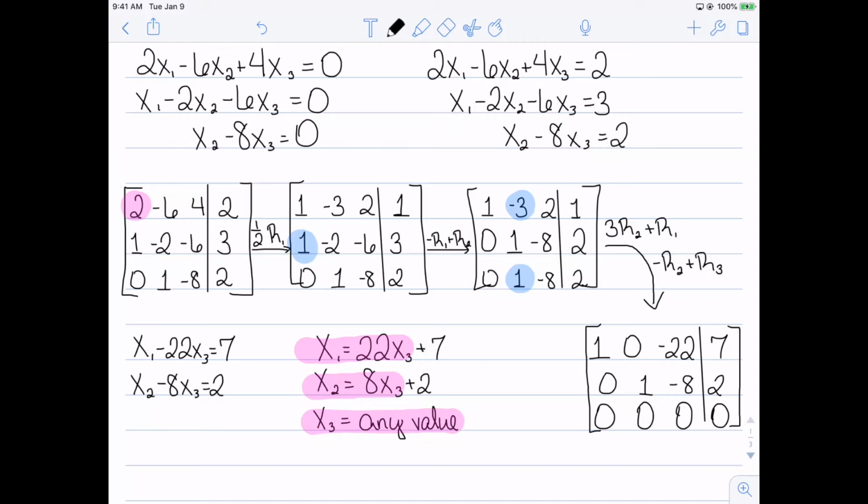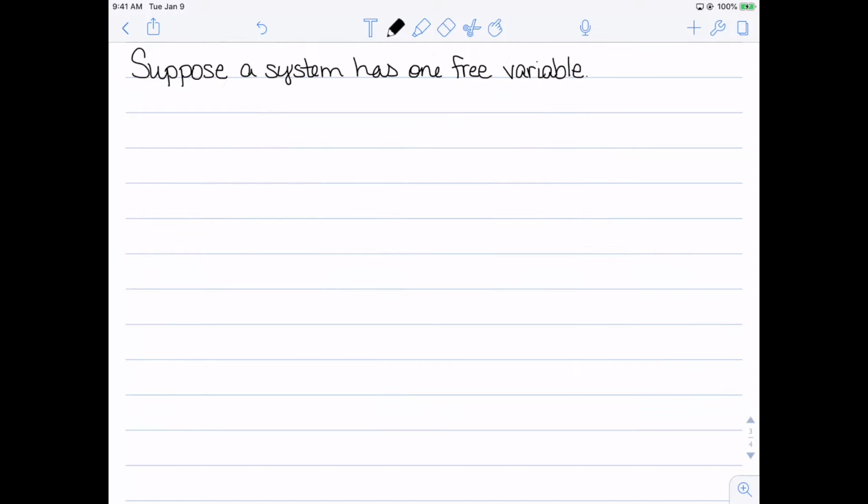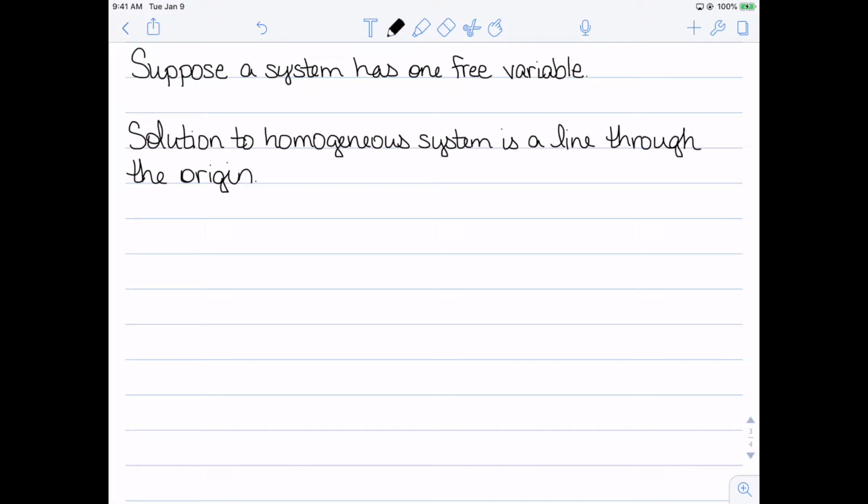So now let's see if we can give a geometric interpretation to what's going on here. We're going to suppose a system has one free variable, and there are expansions of this if you have more than one free variable, but for now, for our geometric interpretation, we're just going to stick to one variable so it's a little bit easier for us to visualize. In this case, the solution to the homogeneous system is a line through the origin.